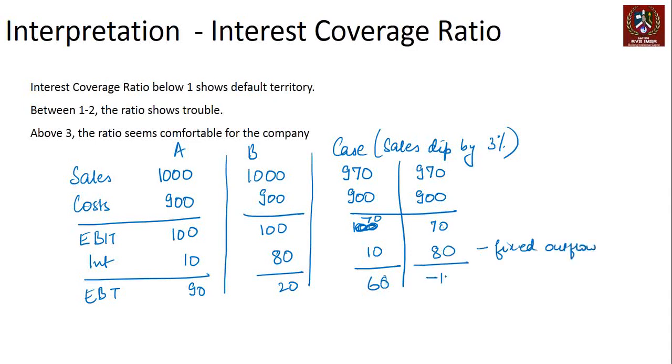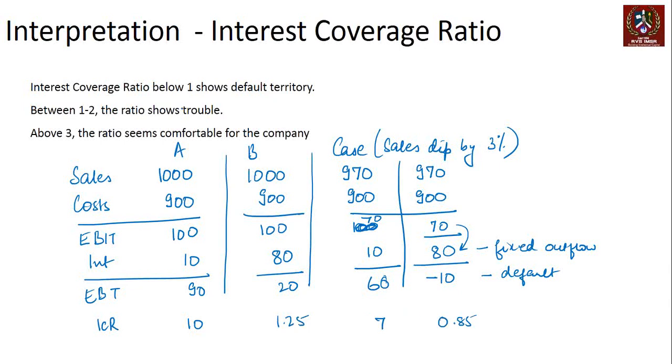You have to pay this regardless of what you make. So practically the company is now into default territory, and you can easily calculate this if you take 70 by 80 and calculate the interest coverage ratio. Interest coverage ratio here would be 10, here would be about 1.25, this would be 7, and this would be less than 1, so close to about 0.85 or something.